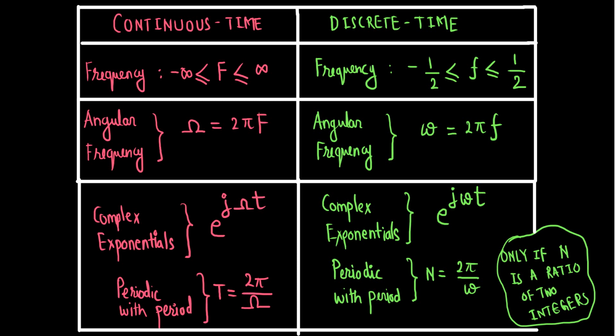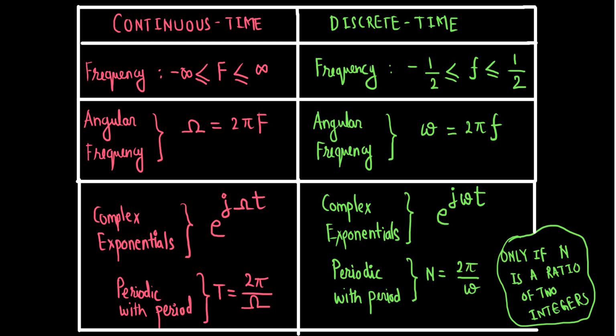For continuous time sinusoids, the frequency is denoted as capital F, which can be varied all the way from minus infinity to infinity, whereas for discrete time sinusoids, we have proved that the frequency ranges from minus half to half.